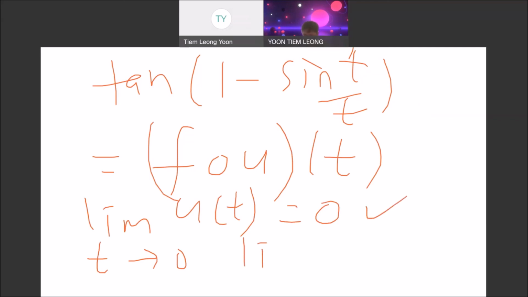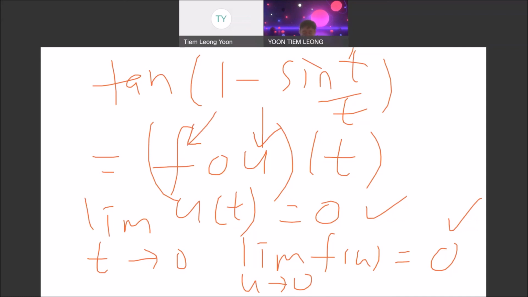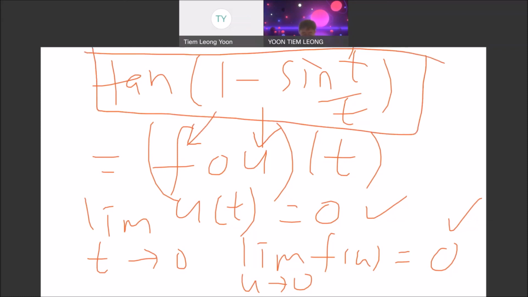We also proved that the limit of f of u as u tends to 0 exists and is equal to 0. So in this composite function, the limit of u exists and the limit of f at u also exists. Therefore, according to theorem number 10, you have automatically proven that this composite function, f composed with u, also exists, and its value is equal to 0.